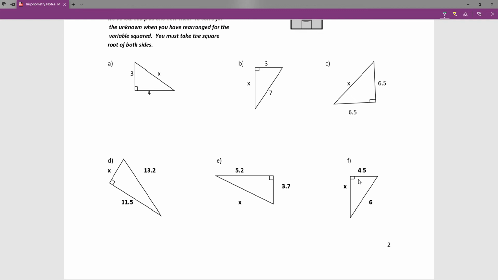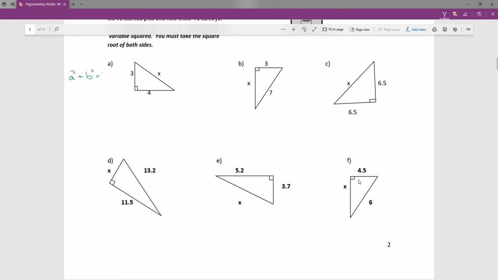So in this one, using what we've just talked about, a squared plus b squared equaling, whoops, that's not a c squared. And the c squared, this is the hypotenuse.